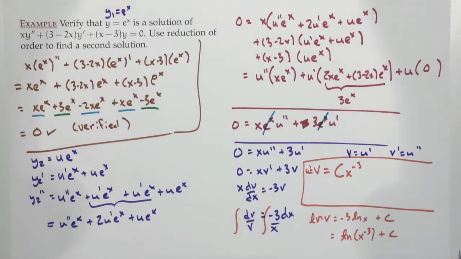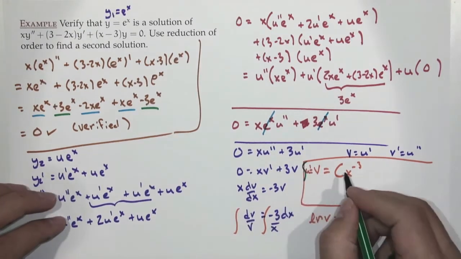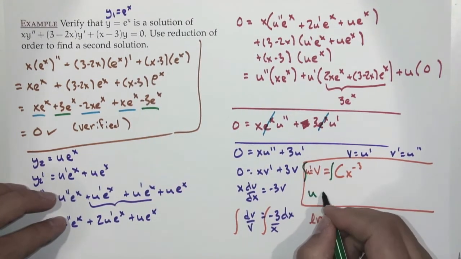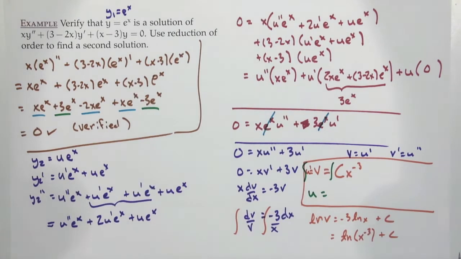So u prime is c x to negative 3. Well, so what do we need to do? Integrate. Well, so u will be someone was like negative 1, and they're like, oh, Steve's going to do something.